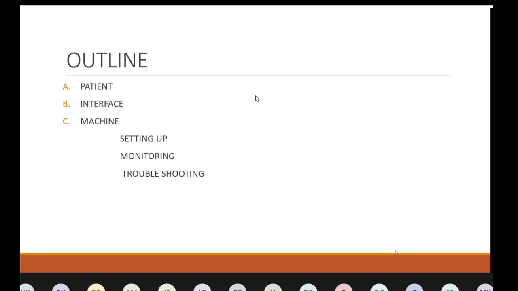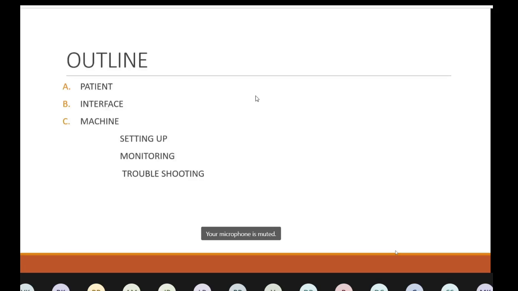What about leaks? Usually we have two types of machines: the Resmed machine and the Philips machine. On all these machines, if you go into the monitoring page, it will show you how much leak is happening. It will show you whether the leak is 30 liters, or 100 liters, or 150 liters.